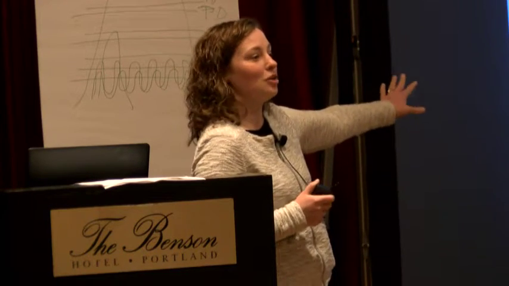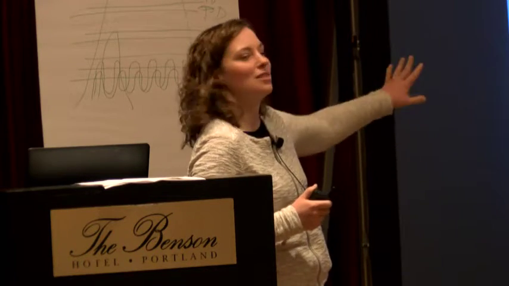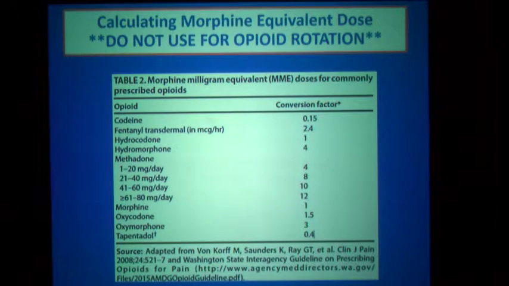So, as I just said, 90 milligrams is now considered a high dose, and this is the conversion table that you will use to determine that. Don't look at any other conversion table, just look at this conversion table. It's in the CDC guideline, it's in my slides, you can find it online. So this is it, memorize it, take a picture of it, whatever.